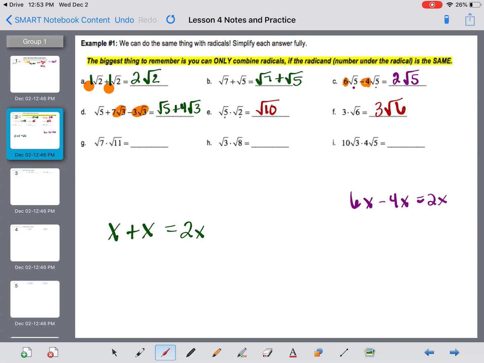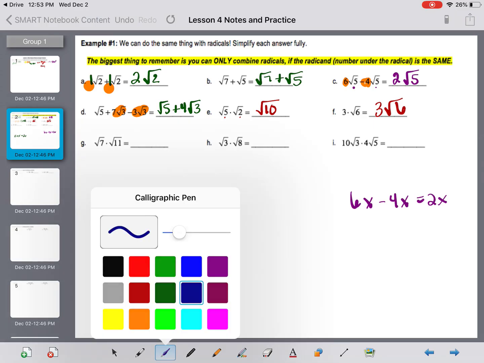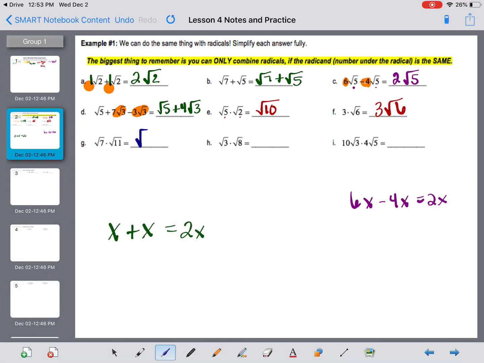If we take a look at G, they are both underneath a radical, so we can multiply those together. When we multiply, you can make your radical and multiply the numbers underneath. 7 times 11 is 77. So that becomes radical 77. Again, check to see if you can simplify. We can't simplify radical 10, can't simplify radical 6, can't simplify radical 77, but always check for that.